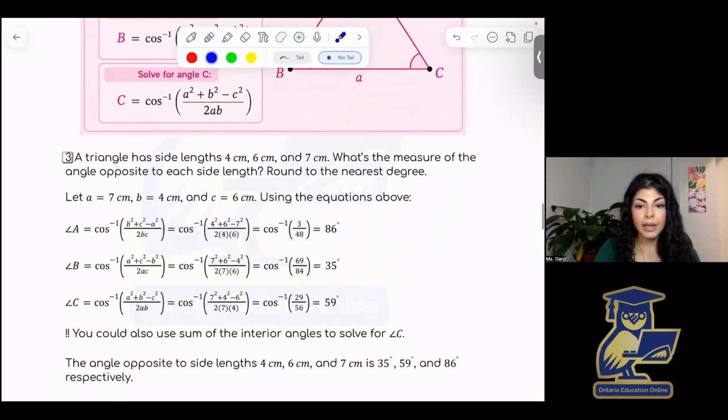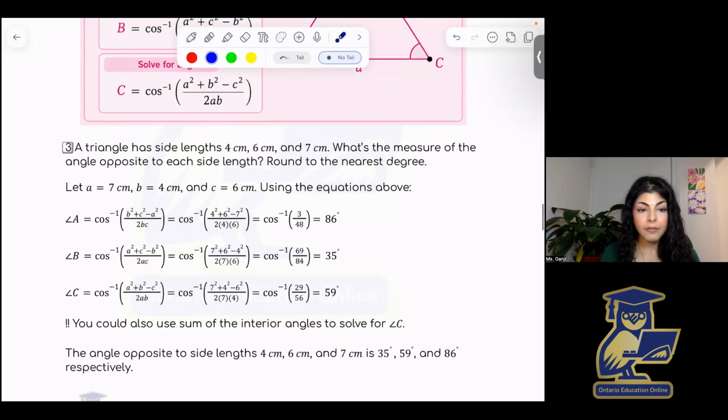And for angle B, the side length opposite to angle B is 4 centimeters. So the minus that I have there is going to correspond to minus 4 squared. And the other two doesn't matter, 7 squared and 6 squared, as long as you have both included there. And we get cosine inverse of 69 over 84, which is 35 degrees.